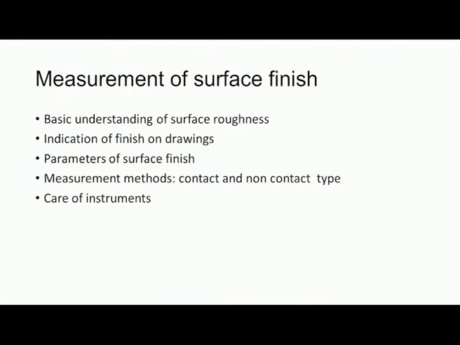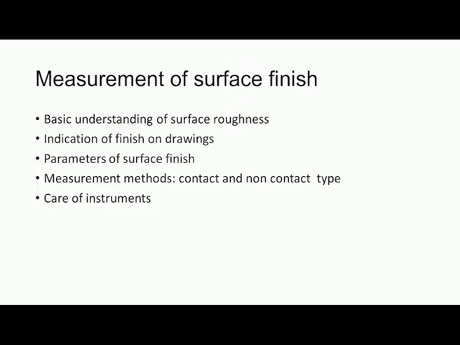In this module we will be covering the following aspects of measurement of surface finish. We will learn about basics of surface finish and how the surface finish is indicated on technical drawings, and what are the various parameters used in the measurement of surface finish.